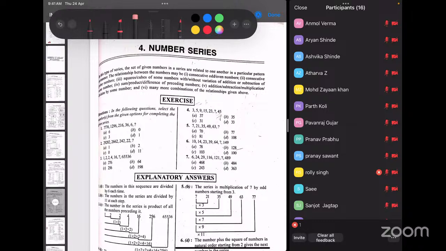Again, there is no specific formula. You have to look at the series and observe what the logical reasoning in it is. It may be consecutive, odd or even numbers, prime numbers, square or cube of some numbers, or it may be sum or product, or any other relationship.